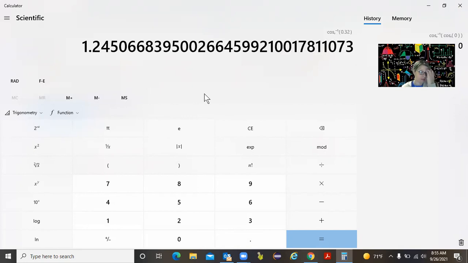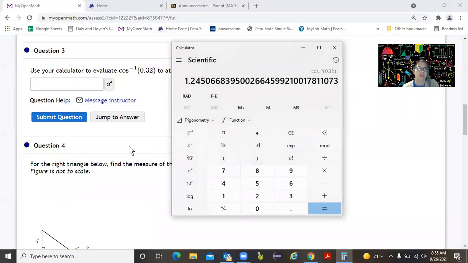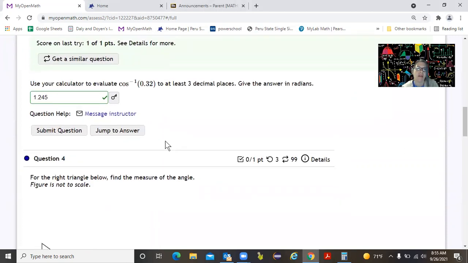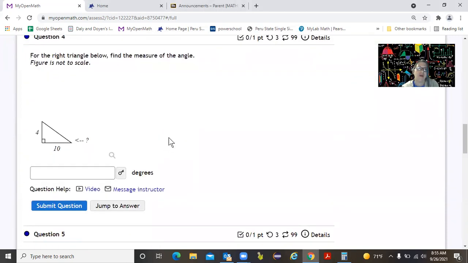So in this calculator, the computer's calculator, you have to push the 0.32 first, then do cosine inverse. So we get about 1.245, and I can't recall how it wanted the answer. It does say 3 decimal places. So we'll do 1.245. Yay, we got it.